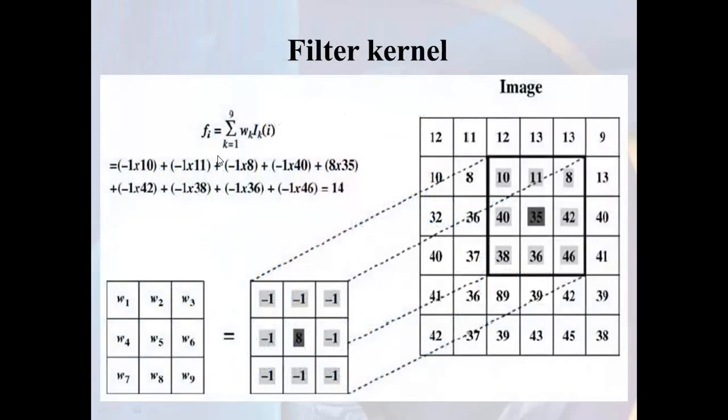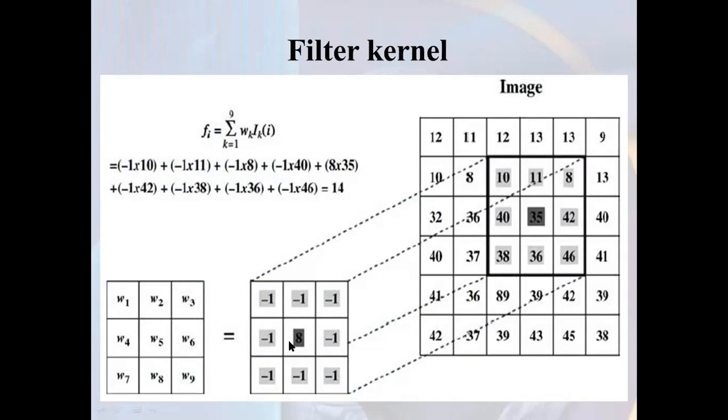So this is an example of how we make a filter. Let's say this is a kernel filter. We have these values of the original image, and we take the window values W1, W2, W3, up to W9, where the center is 8 and all the others are -1. This is the kernel filter.